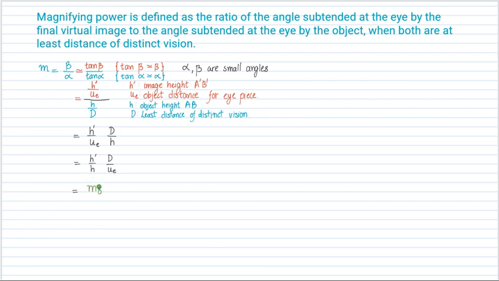Fine. Where what is MO? MO is the magnifying power of objective, and your MO equals the ratio of the height of the image h dash upon the height of the object h, which in turn can also be written as the image distance VO by the object distance UO.